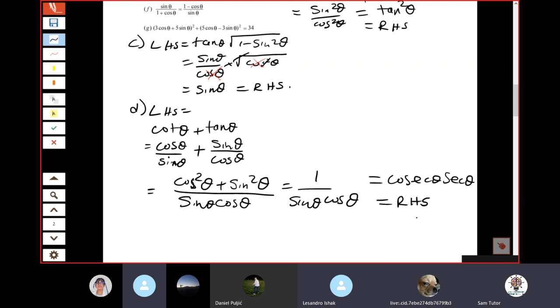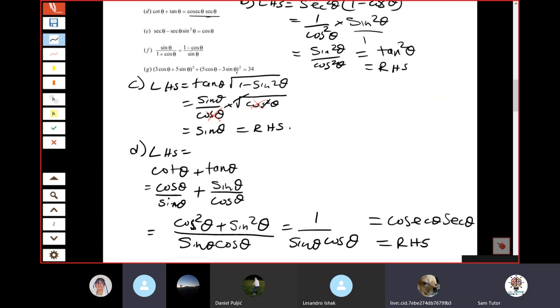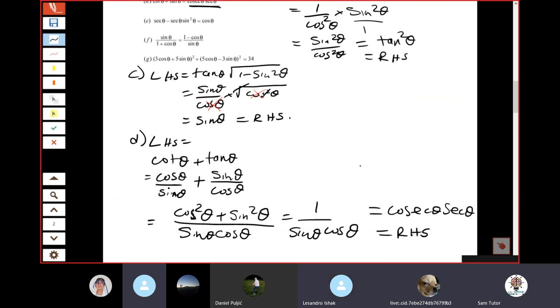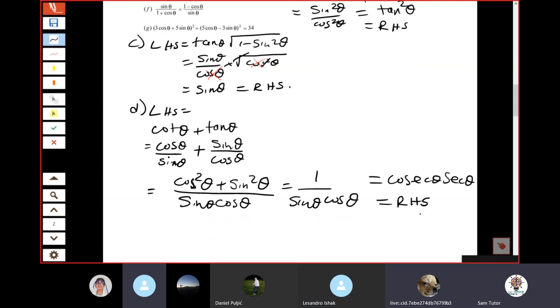So therefore you're left with cosec theta times sec theta, which is exactly what we needed to prove, which equals the right hand side. Any questions, you guys? No.